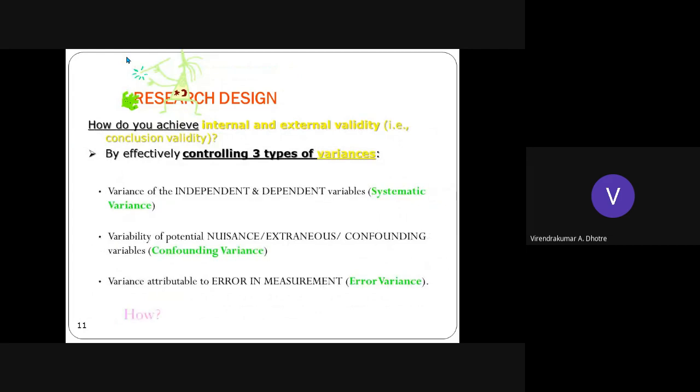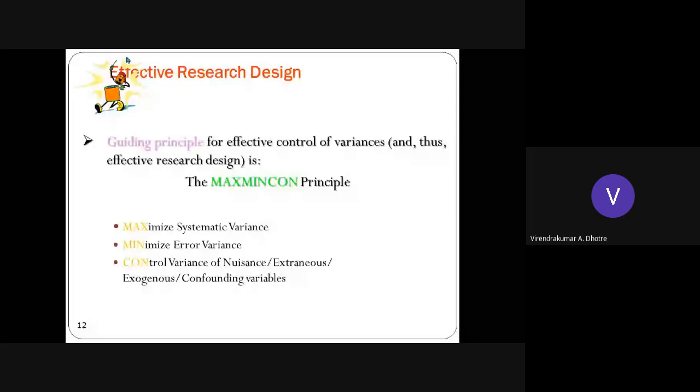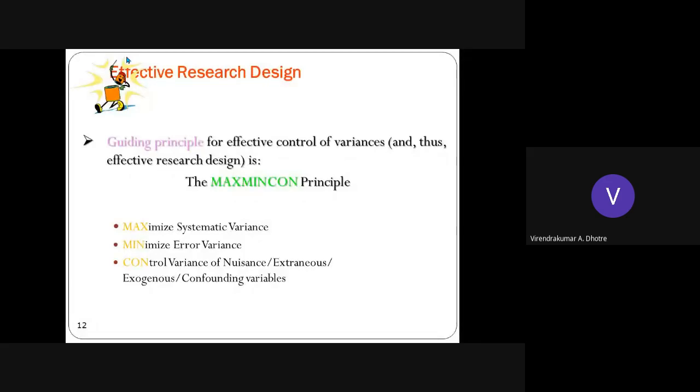Identify which are the dependent variables, which are the independent variables, how many variables there are, whether they are associated or not, whether they are correctly defined or not. If you are able to identify all the dependent and independent variables, it indicates that your systematic variance is maximum. So try to maximize systematic variance.